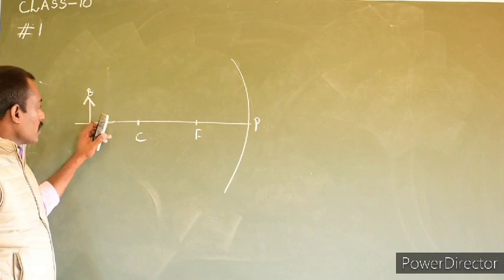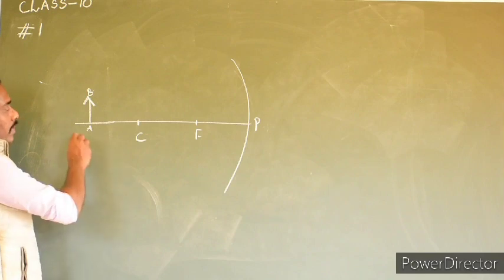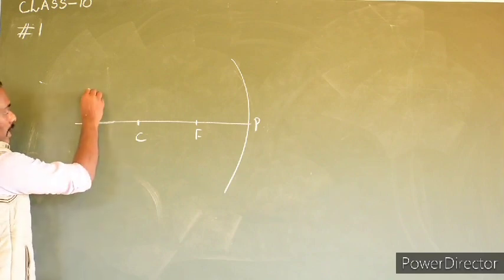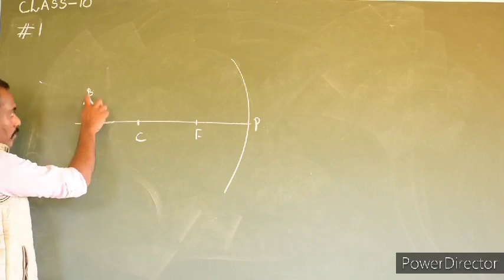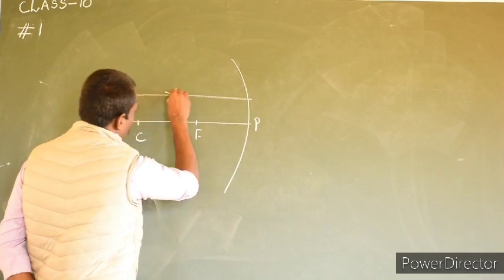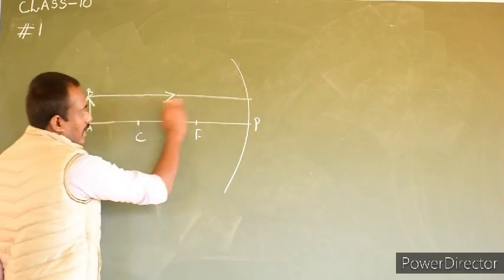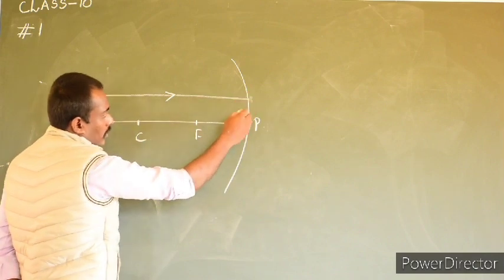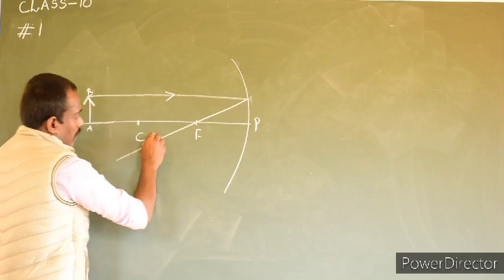The position of the object is beyond C. Now we are going to consider a ray of light coming from the point B, which is parallel to the principal axis. This is the incident ray. And how is this incident ray going to reflect? It is going to reflect through the point F.